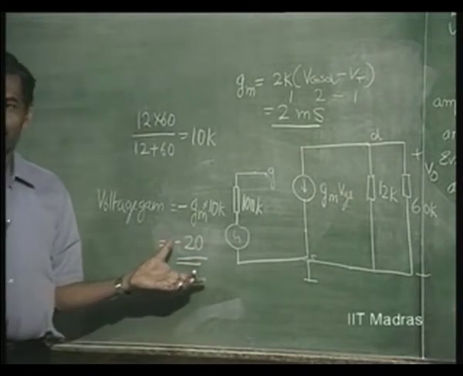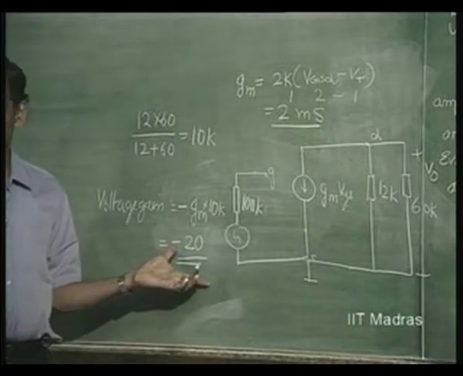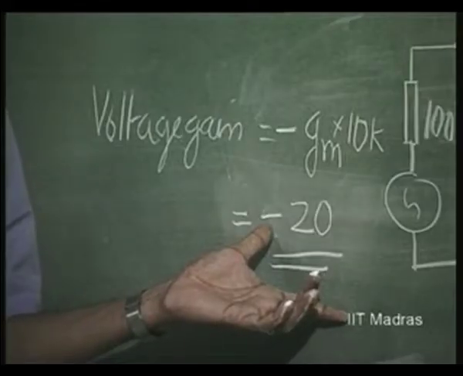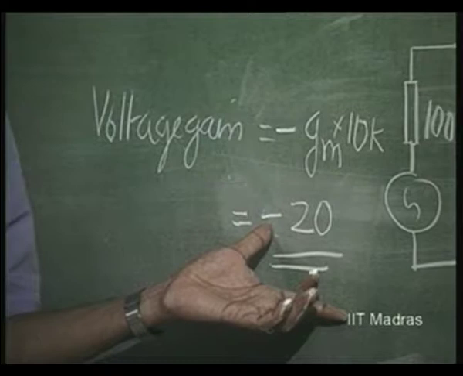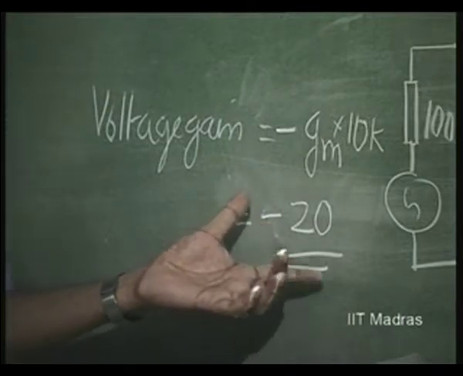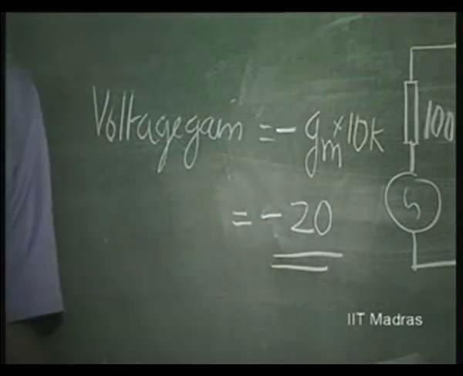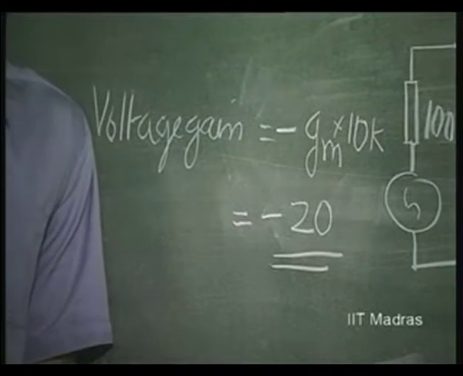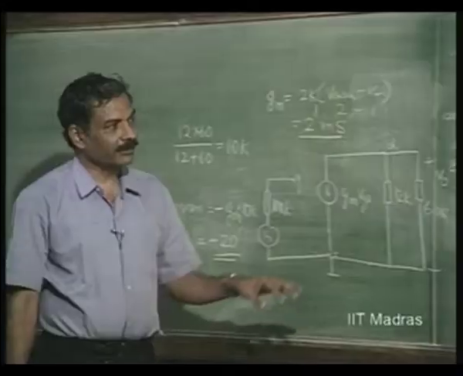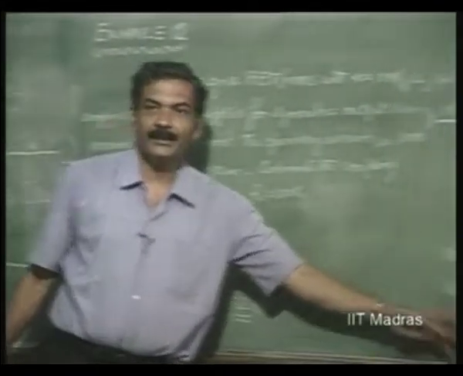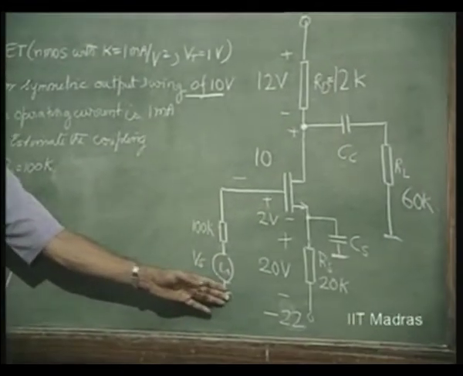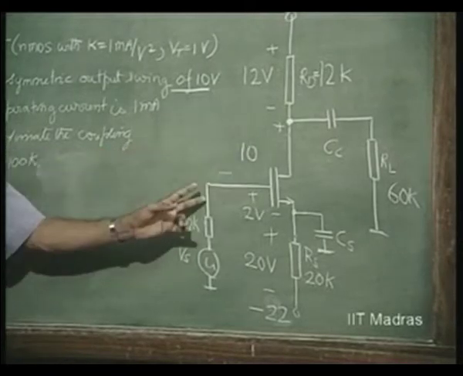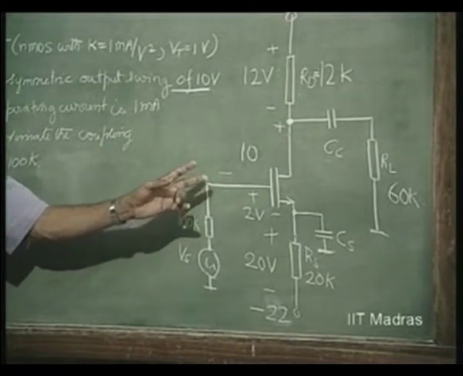Gain is fairly high compared to what we got yesterday, which was minus 4. So this amplifier has a fairly high gain, in which case I could really consider that this voltage is very small, and therefore the VDG swing is the same as V naught.